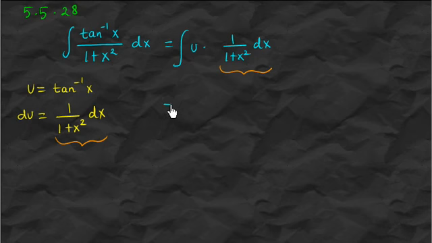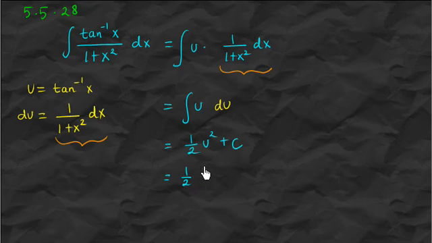So this integral is nothing but the integral of u du, where du is 1 over (1 + x squared) dx. Therefore, we have 1/2 u squared plus a constant, and we need to substitute the arctangent back: 1/2 (arctangent of x) squared plus a constant.